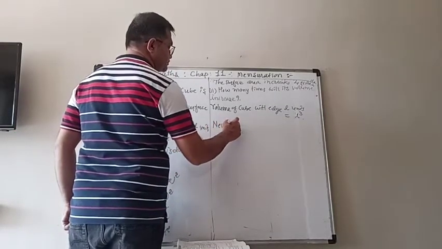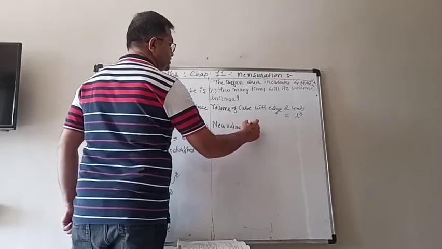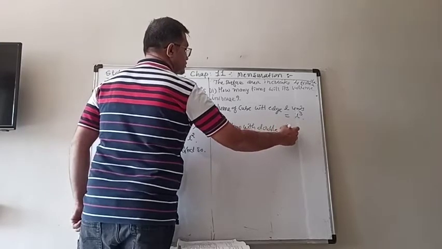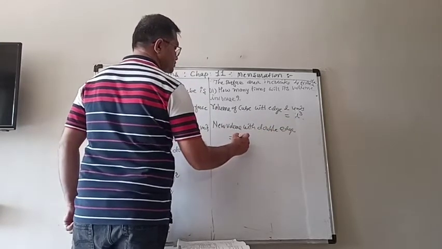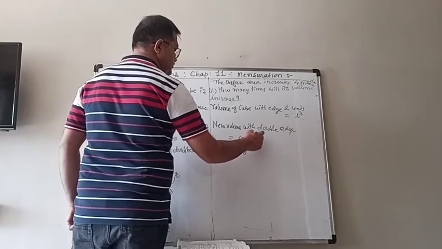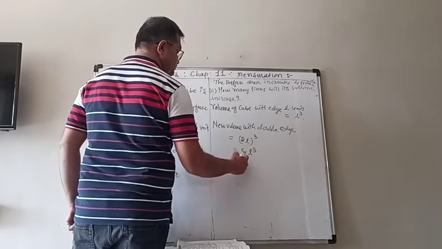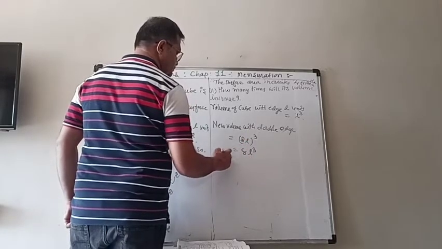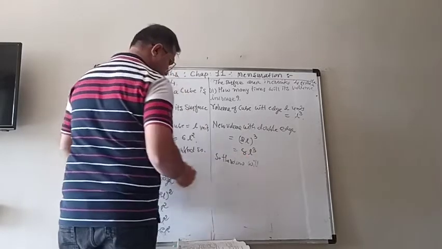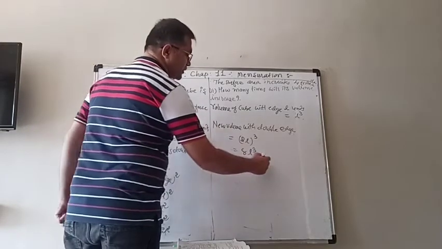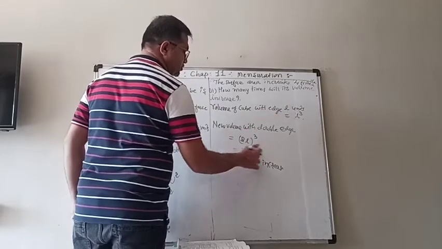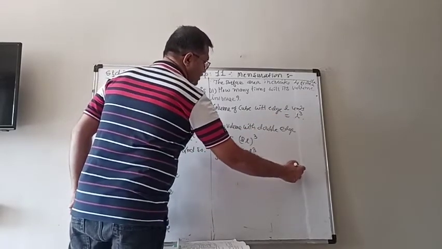And the new volume with double edge will be twice L whole cube. That is 2 cubed is 8, 8L cube. So the volume will increase how many times? It was L cube and here is 8L cube. So it increases 8 times.